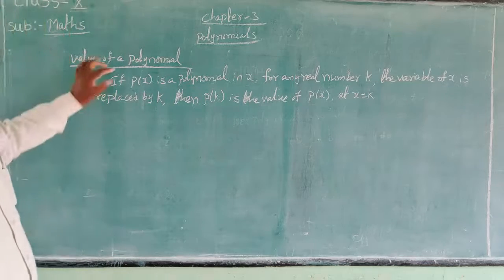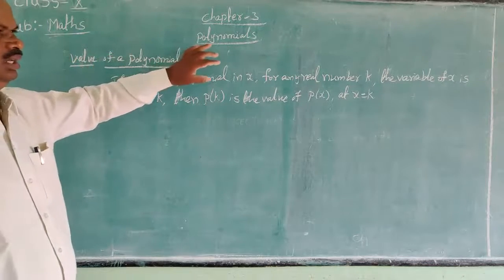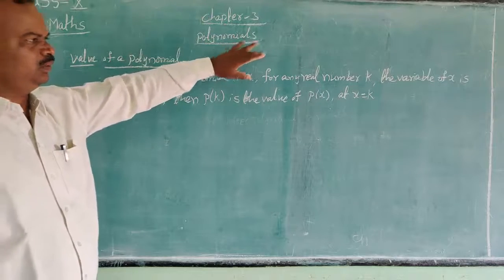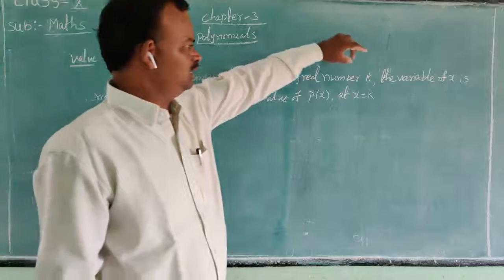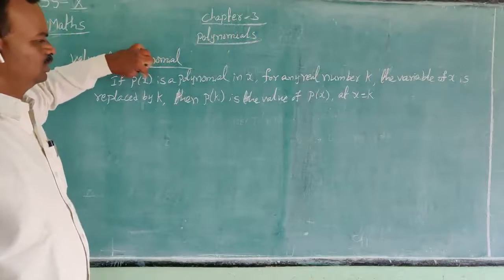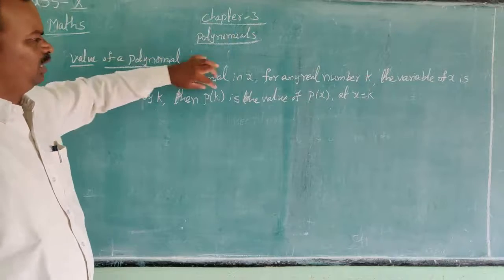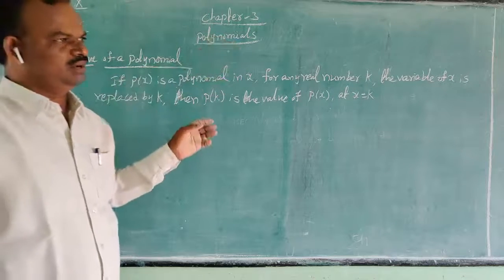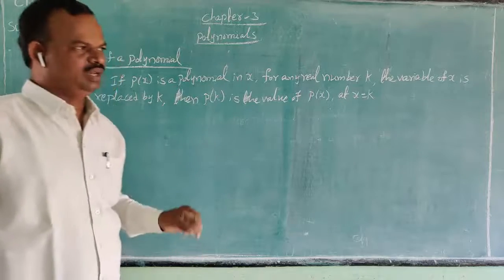That means p of x is any polynomial in variable x. For any real number k replacing x, the value p of k is called the value of the polynomial at k.